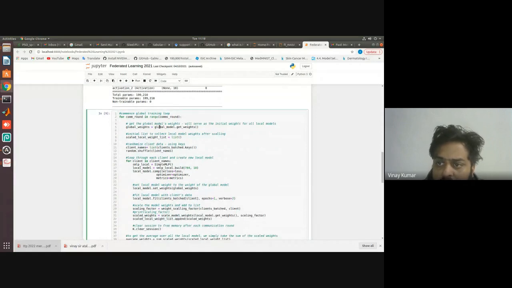At first, we have initialized our global weights. Then we have initialized the scaled local weight list. This list will have all the local weights of the particular clients. This is the client side part.